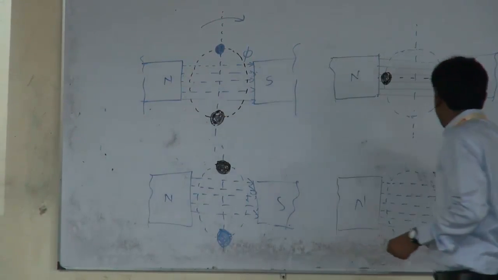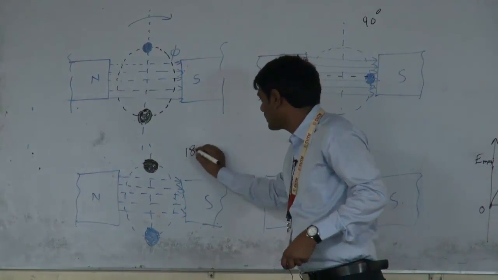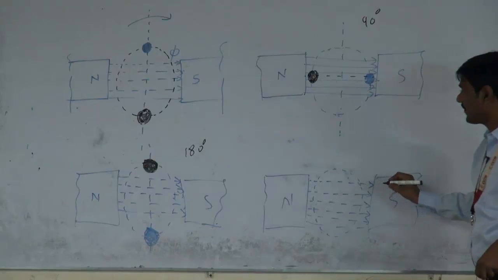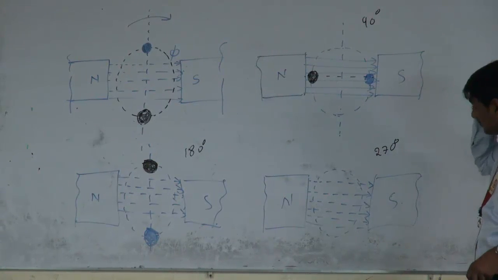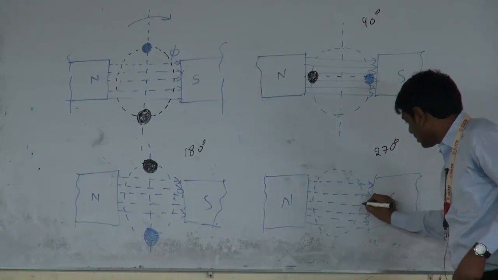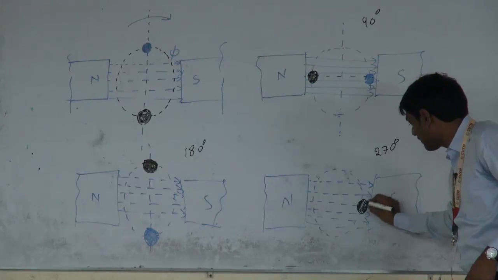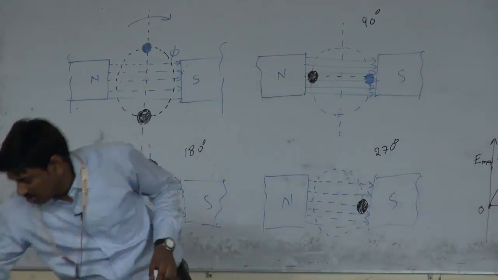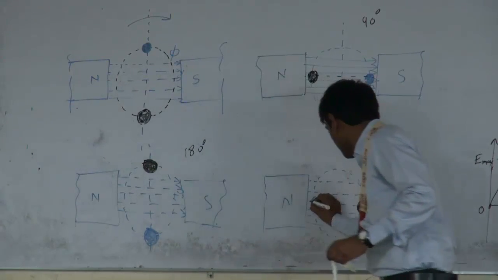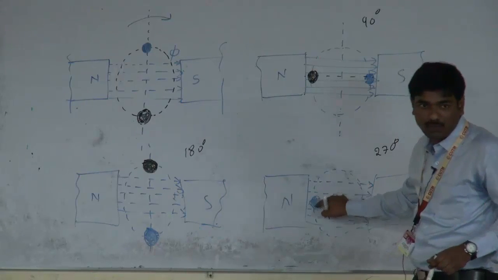So now take this at 90 degrees and this at 180 degrees. After 90 degrees, that means at 270 degrees, this conductor will be here, perpendicular to the magnetic field, and the other conductor, earlier it was under south pole influence, now it is under north pole influence.